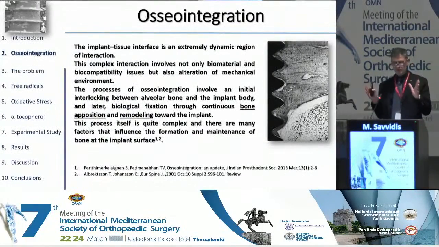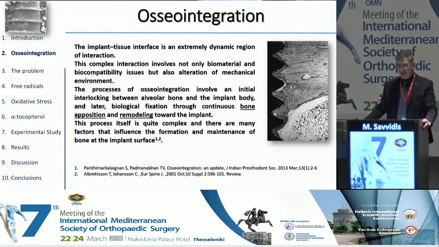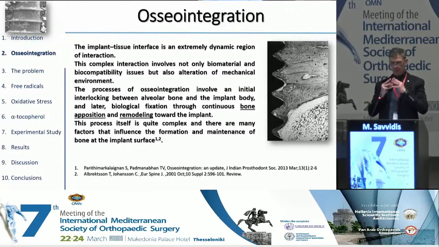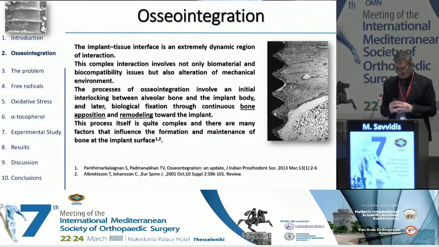The implant-tissue interface is an extremely dynamic region of interaction. This complex interaction involves not only biomaterial and biocompatibility issues, but also alteration of the mechanical environment. The processes of osseointegration involve an initial interlocking between alveolar bone and the implant body, and later biological fixation through continuous bone apposition and remodeling toward the implant.